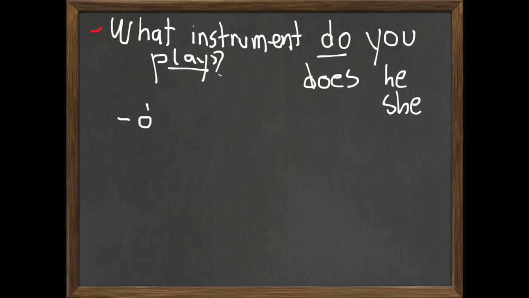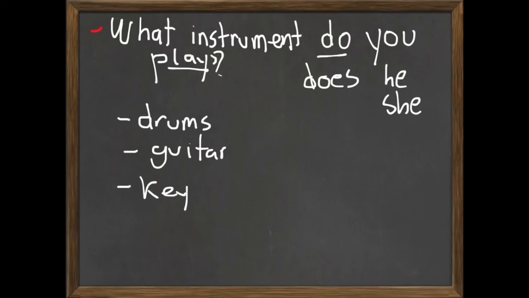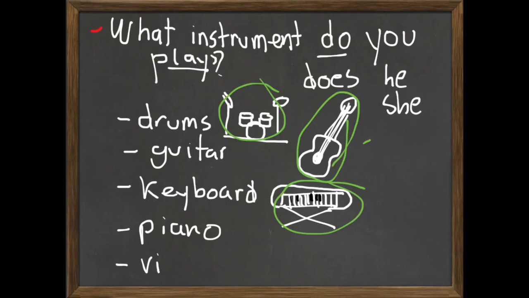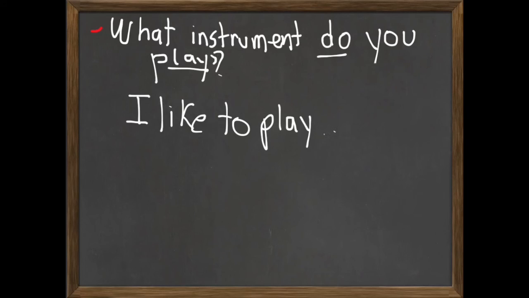For example, drums, guitar, keyboard, piano, or violin. We could answer, I like to play an instrument. Drums. I like to play guitar, etc.